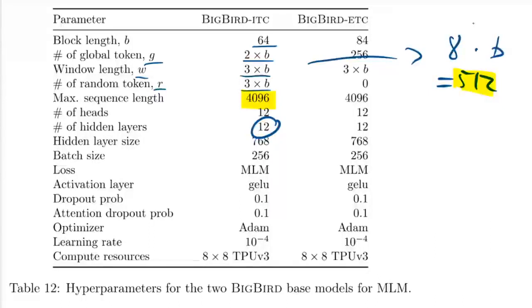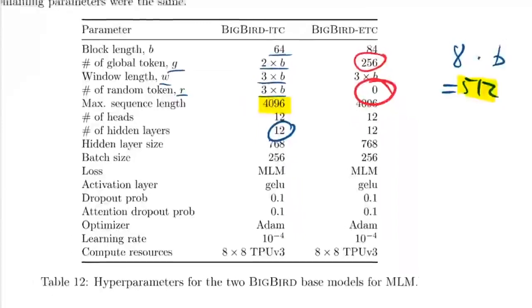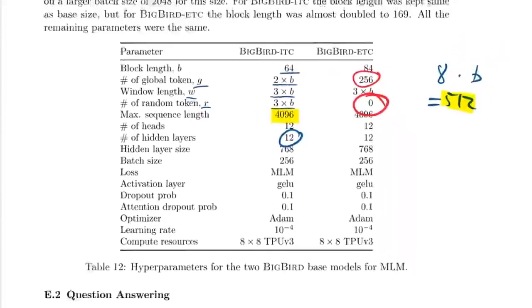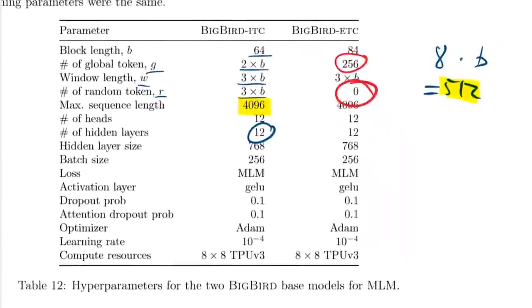The second thing I would like to point out is that in a lot of cases, the number of random tokens is actually set to 0. So really making use, I believe, of the number of global tokens. That seems a bit strange in that they continuously refer to their random attention mechanism, but then in a lot of experiments they don't actually have a random attention mechanism.